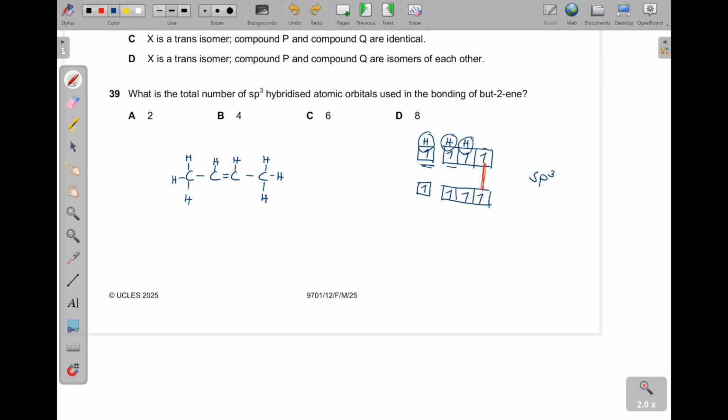But if you have something like an alkene, you have this one here. Let me first simplify this one for you so that you understand the sp, sp2, sp3. Now here we are having same thing here, like this. Then also another one here, like that.